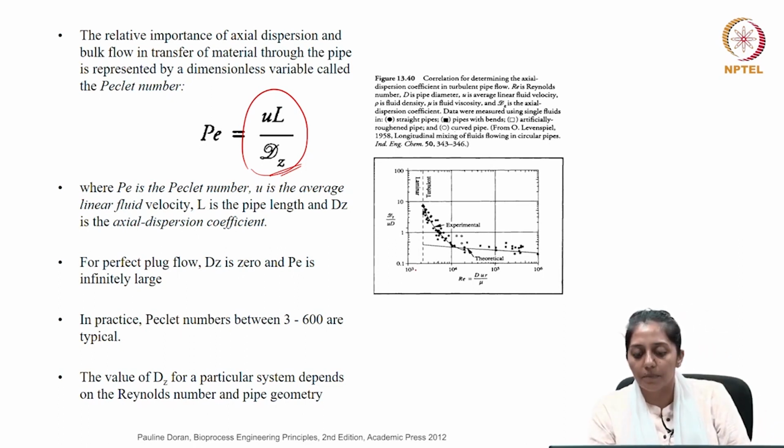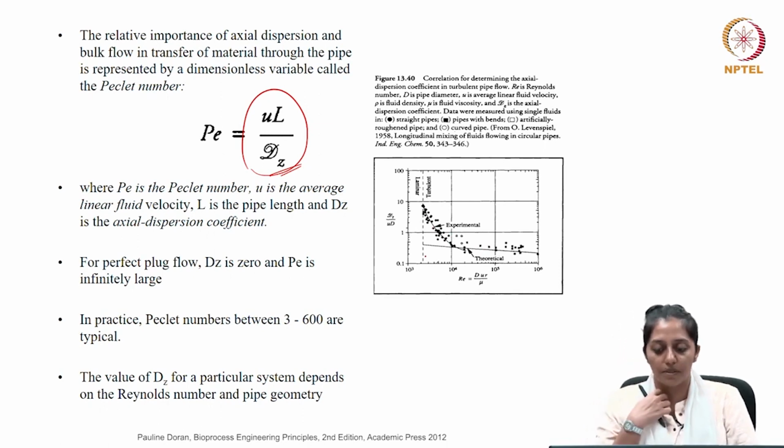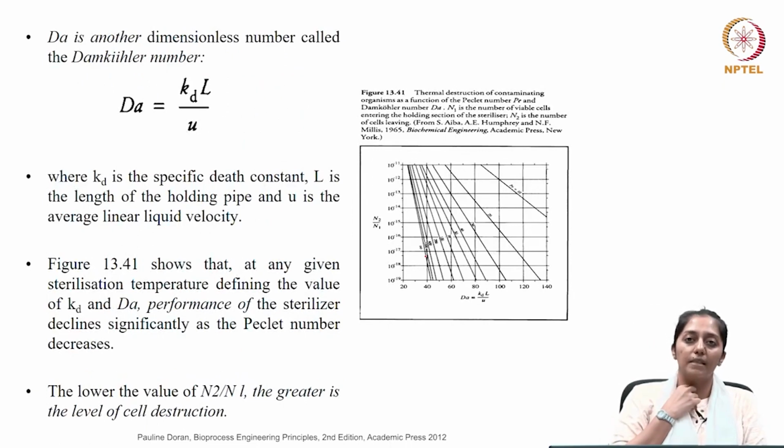So, here for example, you can see a plot between the Peclet number and the Reynolds number, showing how the Peclet number changes with the change in the fluid flow, shown here with the Reynolds number. And for different geometries, like here it is given for straight pipes, pipes with bends, artificially roughened pipes or curved pipes.